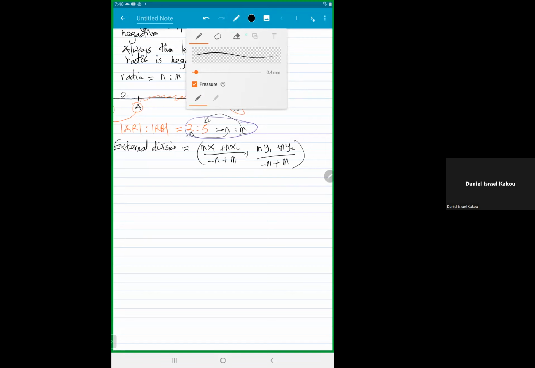Let me just clean the little part I have here. I clean the plus, and by cleaning the plus, I can now put the negative for the n there, the negative for the n there, and the negative for the n there.